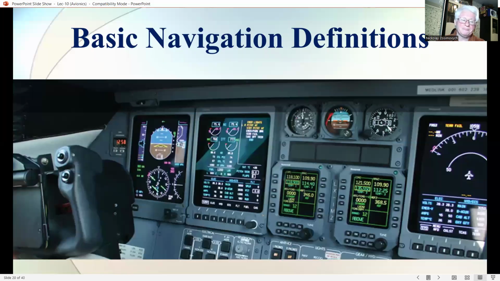Let's start from basic navigation definitions. A very brief review of the terms and quantities used in navigation is set out here. Position on the Earth's surface is generally specified in terms of latitude and longitude coordinates, which provide a circular grid over the surface of the Earth.